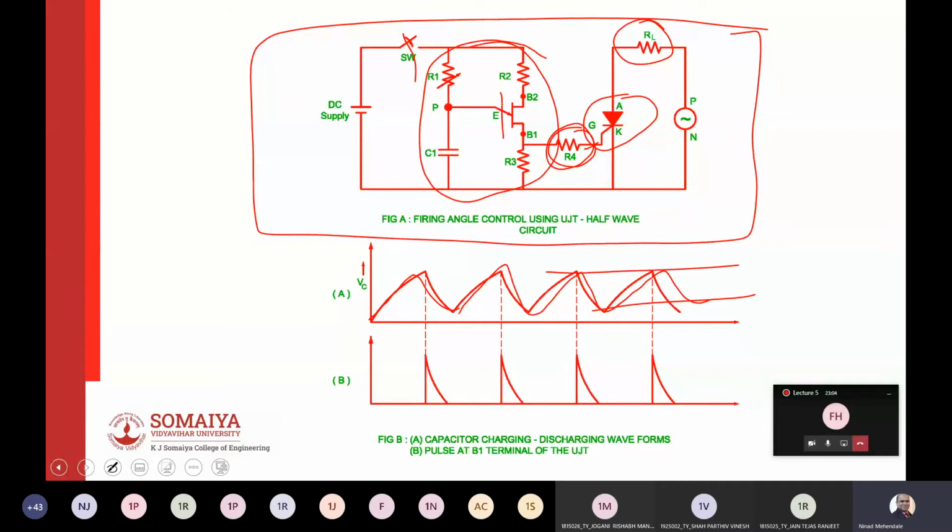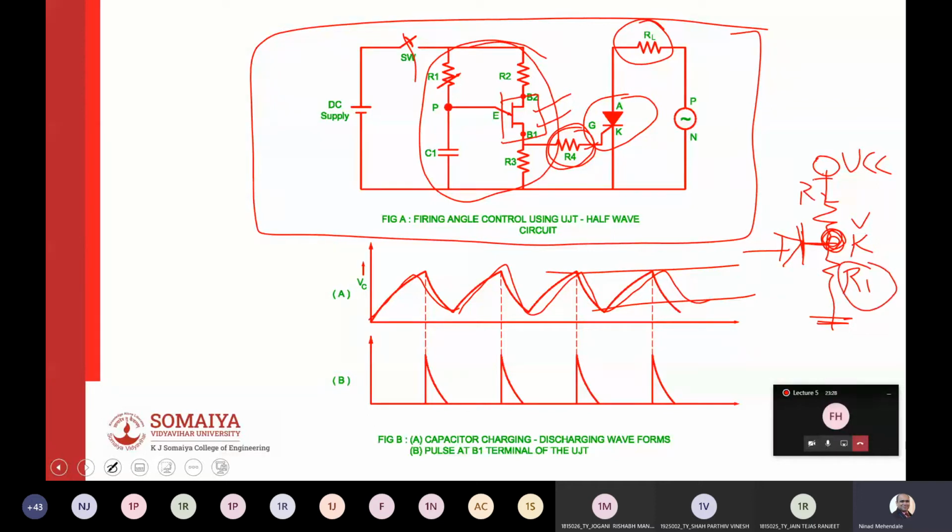And the ratio of RB1 and RB2, that is the internal resistance of these two devices. So you can imagine there are two resistors connected to a diode in a UJT. If you want to turn on this diode, you have to overcome this voltage which is at the cathode, and this voltage Vk, as we have seen in earlier lectures also, is given by a voltage divider bias of R1 and R2.